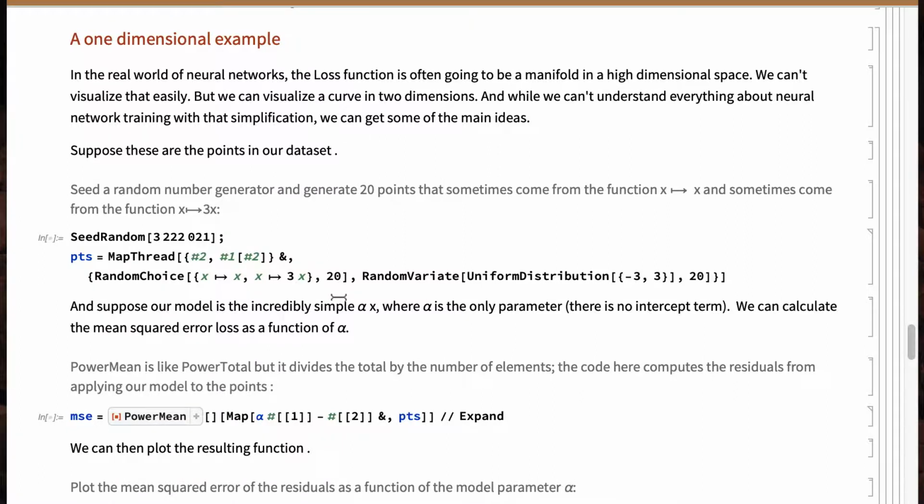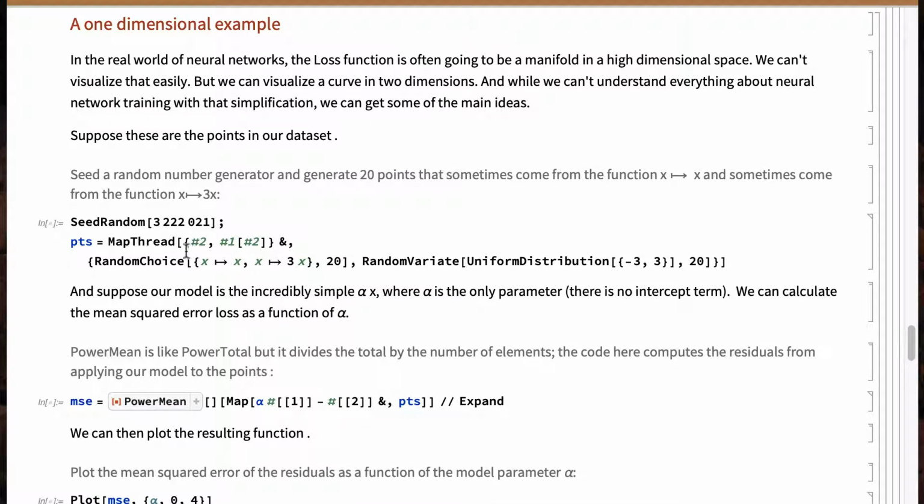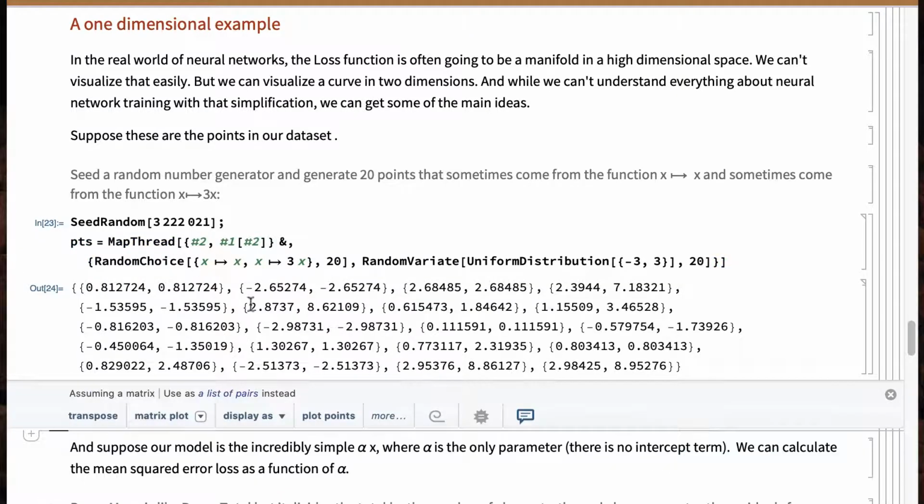All right, let's generate some data. Basically, I'm just going to create some messy data where we have some x values that are spread from -3 to 3, and then some y values, some targets that are going to be from a function that's randomly chosen. So there's going to be some noise in our data.